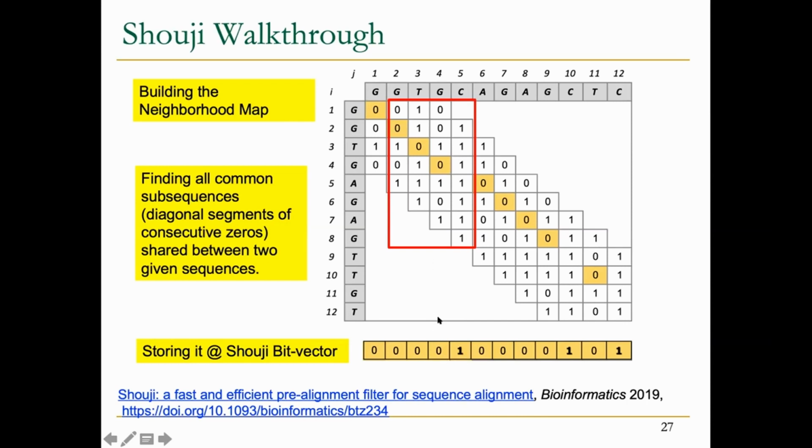So we have a few ones stored there, representing the ones we got from the diagonal that has the largest number of zeros. Again, these zeros are not necessarily consecutive. And this is what we got in the final bit vector.